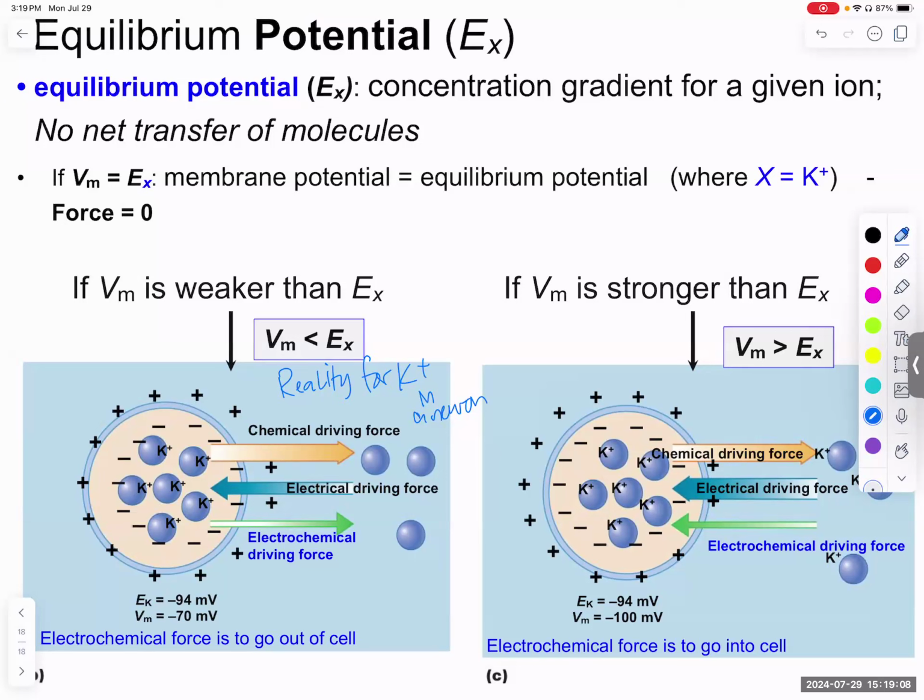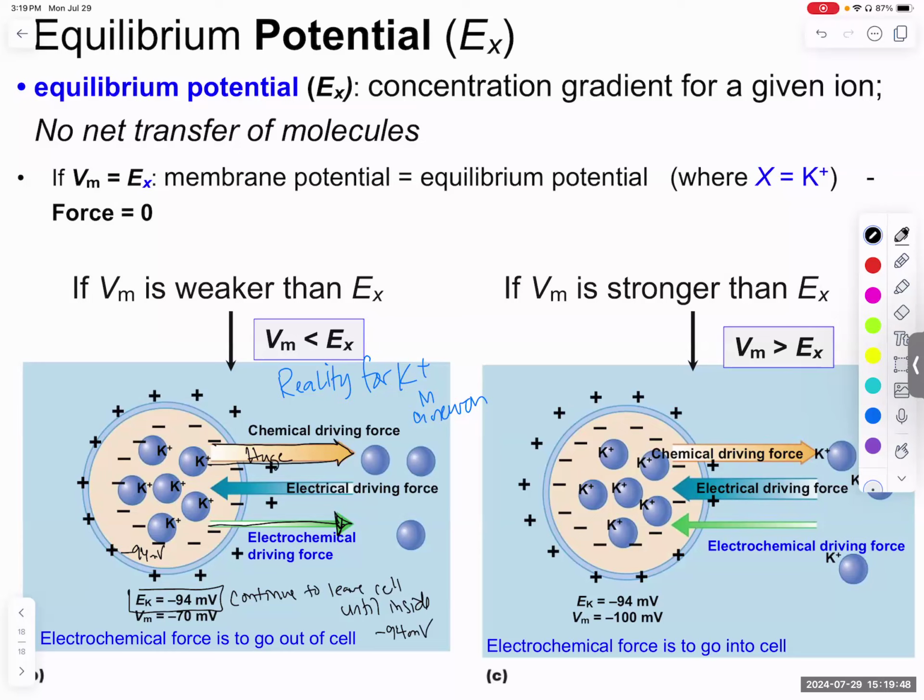That is to say, there is a chemical driving force and there is an electrical driving force. And potassium will continue to leave the cell until the inside of the cell is negative 94 millivolts. So that is the electrical driving force to get down to negative 94 millivolts. Its concentration gradient is huge to go out of the cell.